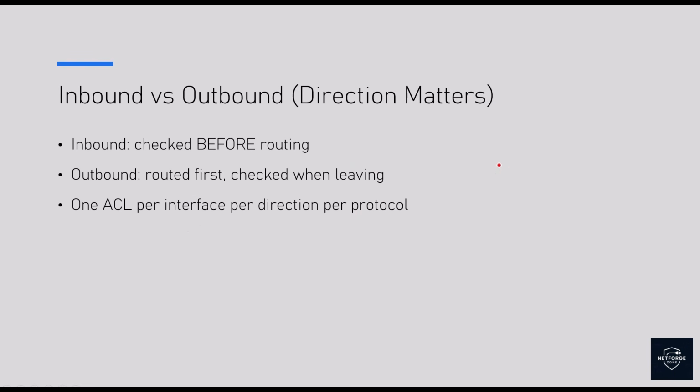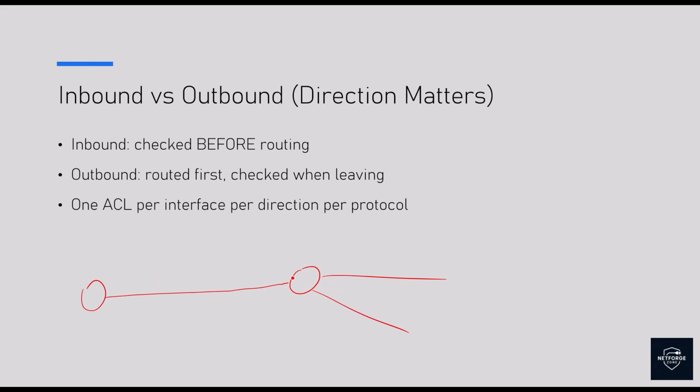So we have inbound and outbound. Like I said, I can have this inbound and outbound. So say, for example, I have this router here, and let's say another router here, and these are connected like this, and there are some other interfaces like that connected to these routers. What is important is this.